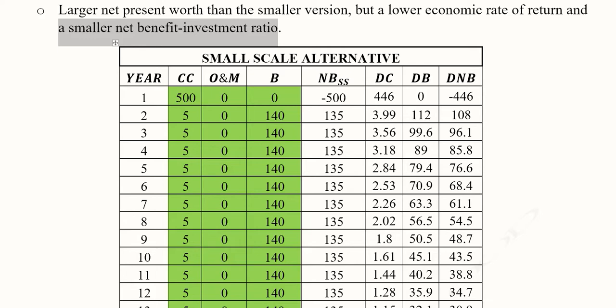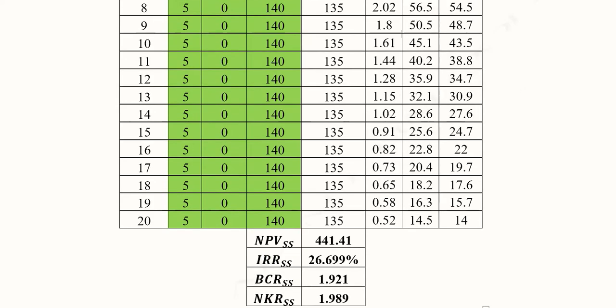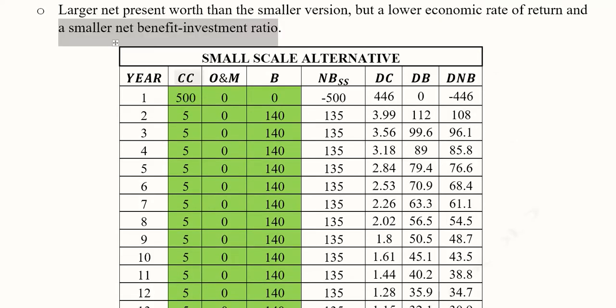Initially we start with the small scale alternative, in which we have the usual years, and it is of 20 years, and we have the capital cost, we have operation and maintenance costs, and we have the benefits. We can calculate the net benefits of the small scale alternative by taking the difference of the benefits and these two components of the costs.